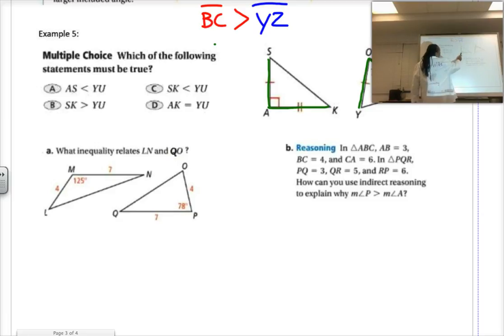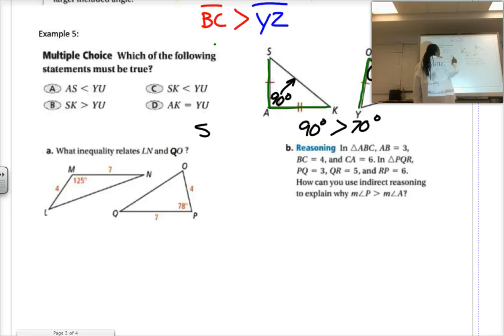This included angle here at A has a box, which means that this has a measure of 90 degrees. And since 90 degrees is greater than this angle measure here of 70 degrees, then we know that the sides opposite them are going to have that same relationship.